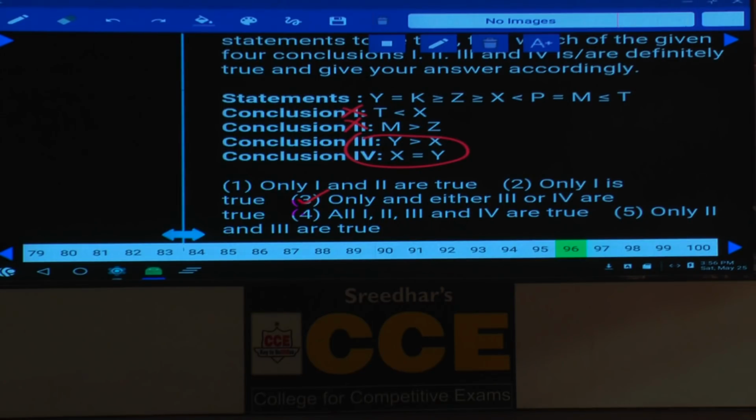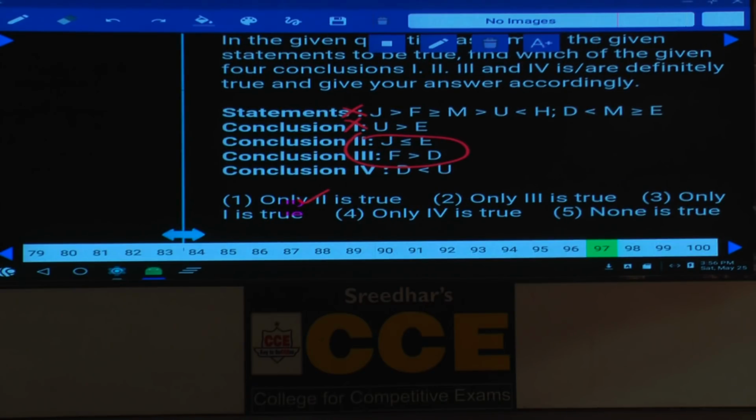Done? Then 97 onwards. Now question number 97 is again based on coded inequalities, the relation between U and E. Now U is here, E is here, the letter which is common is M. Now M greater than U, isn't it?